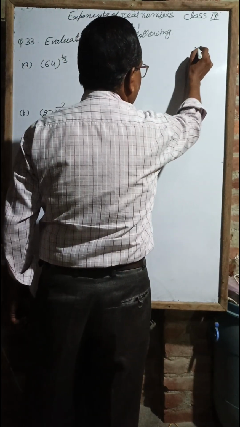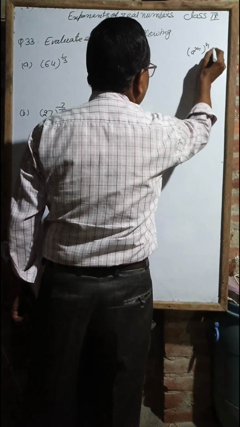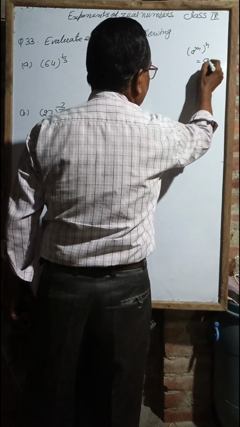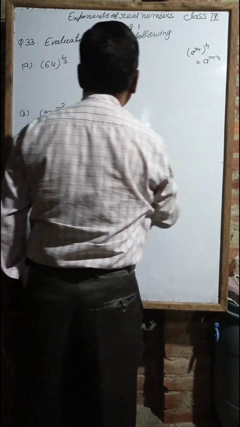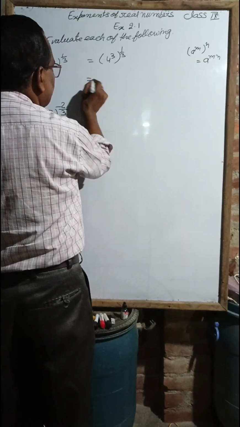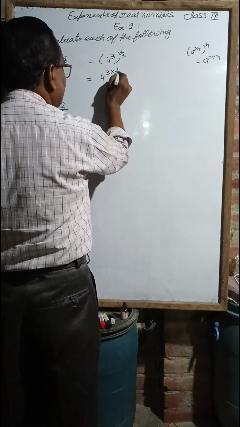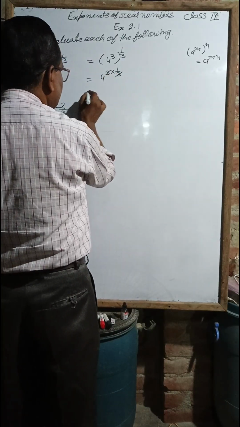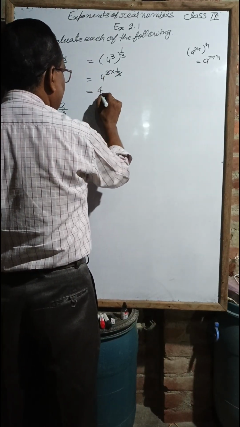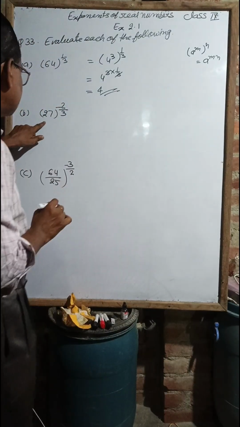And we know that a to the power m, whole to the power n, is equal to a to the power mn. So applying this rule, 4 raised to the power 3 times 1 over 3, the 3 cancels out, is equal to 4.